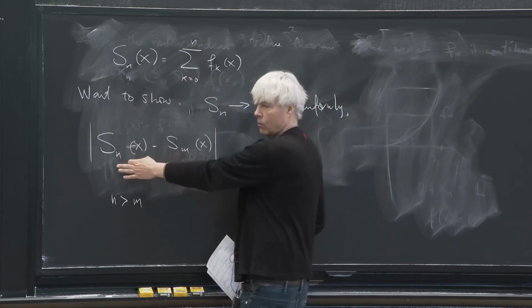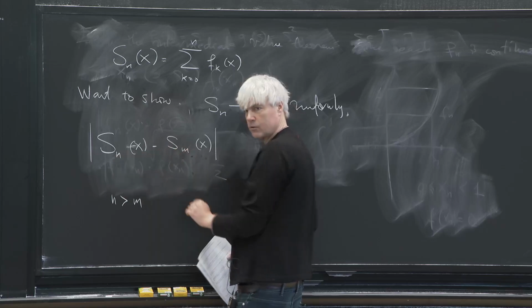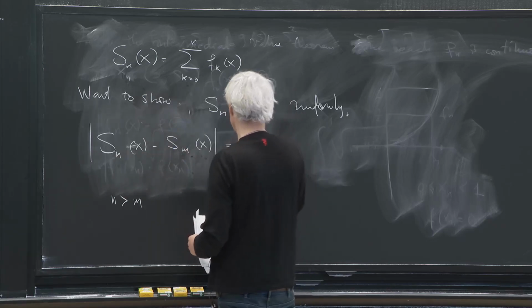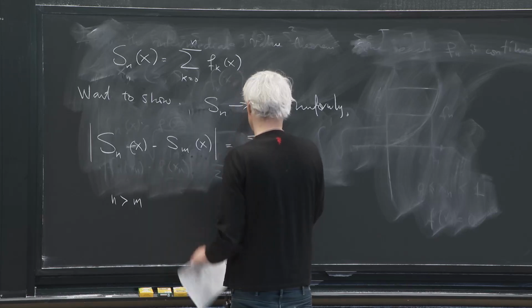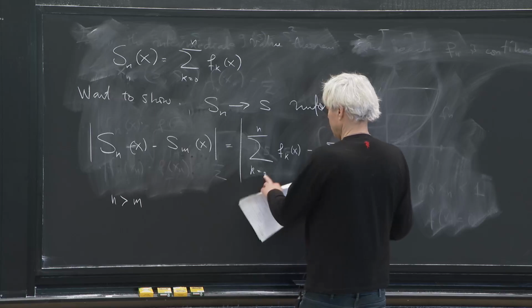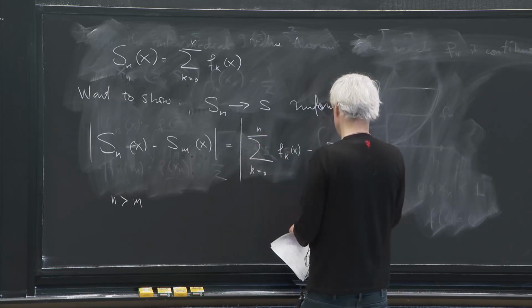Here we're summing more. We're summing those guys, but then we're also summing some more, right? And so let me just write it out. So k equals 0 to n of fk of x. And the second one, n is bigger than m, so here we are actually summing fewer.